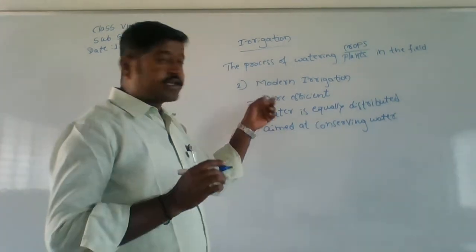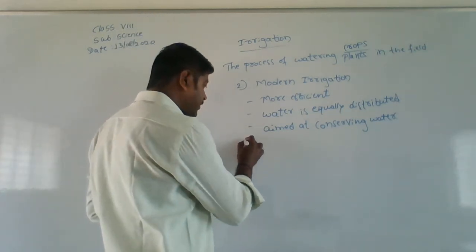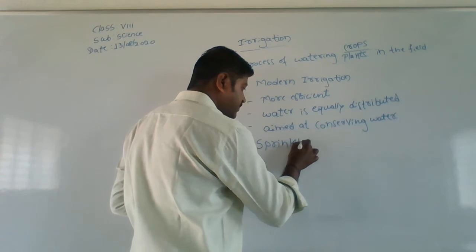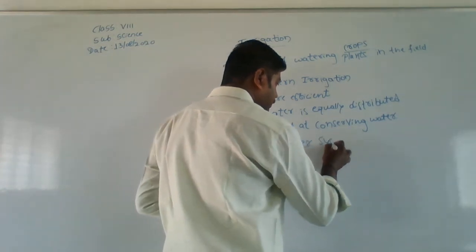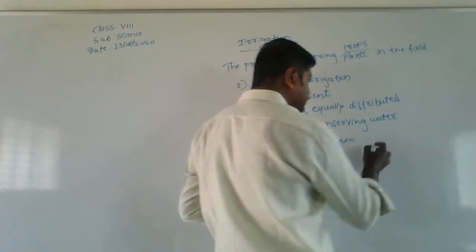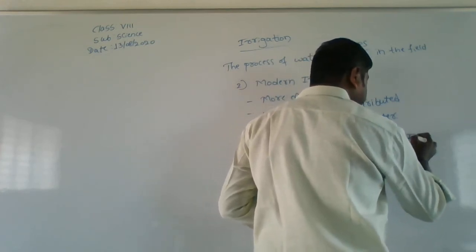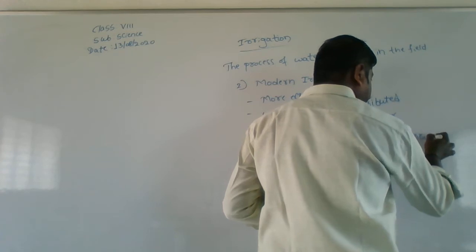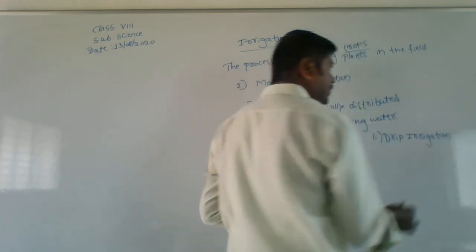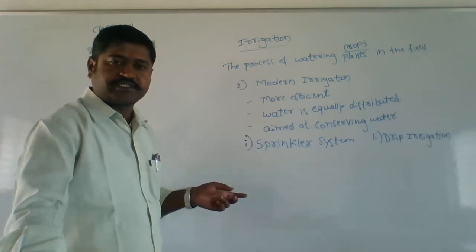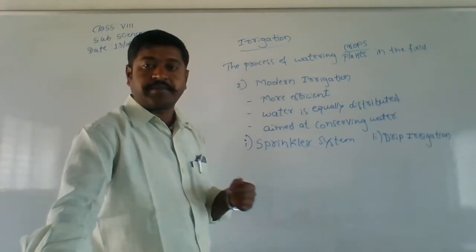So in this modern irrigation, one is the sprinkler system, and another one is drip irrigation.